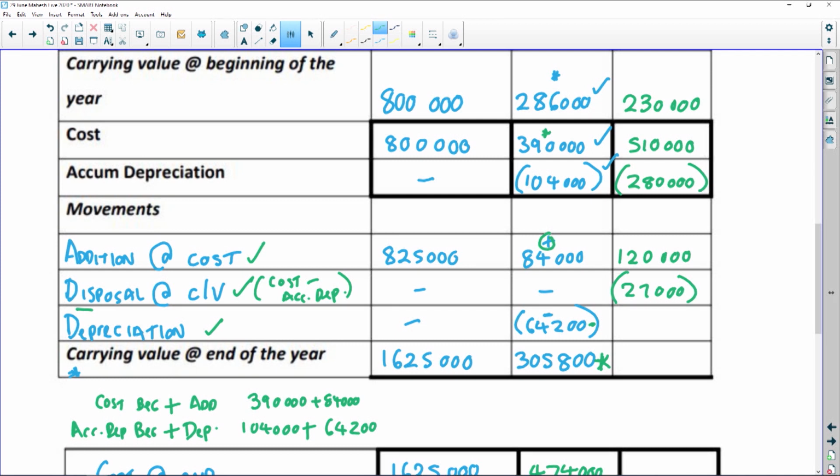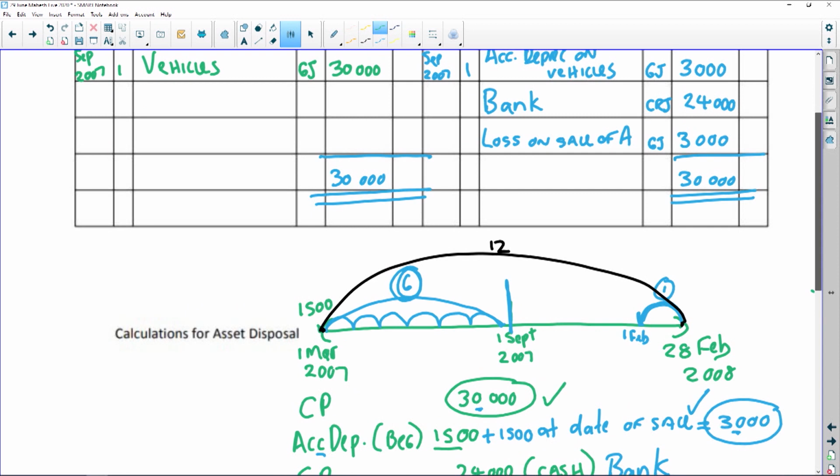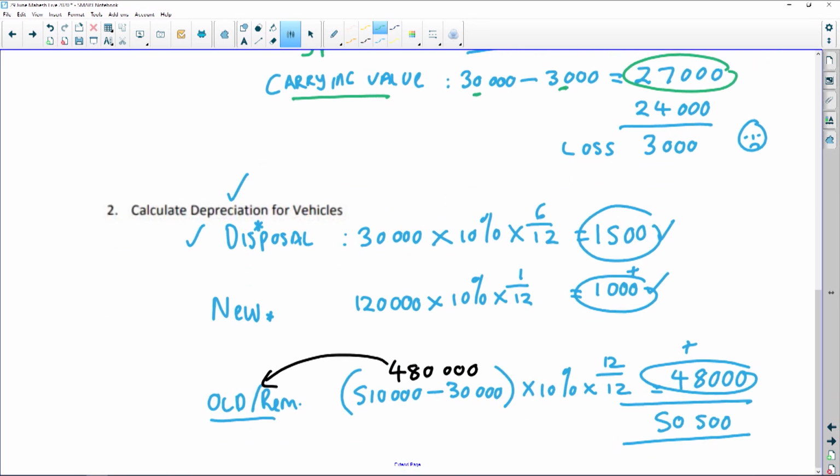Right, and then finally my depreciation on vehicles. So I think our depreciation was further down. So remember guys, it must be depreciation for the entire year. So in other words, the 1,500 plus the 1,000 plus the 48,000, it's your total depreciation on vehicles, which is 50,500.